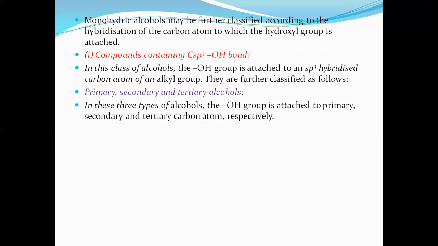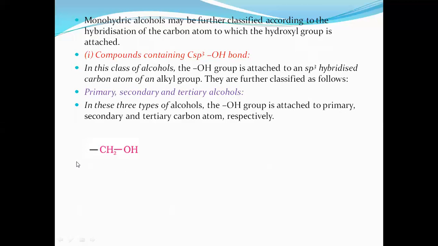A carbon atom attached with one other carbon atom or no other carbon atom is called a primary carbon atom. To such a carbon atom, if the OH group is attached, then that type of alcohol is called a primary alcohol.